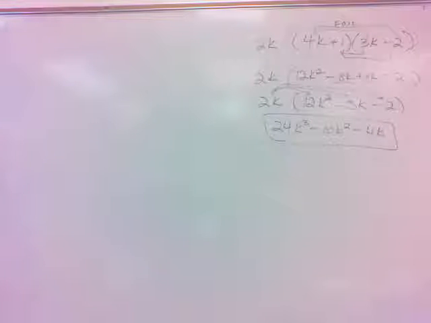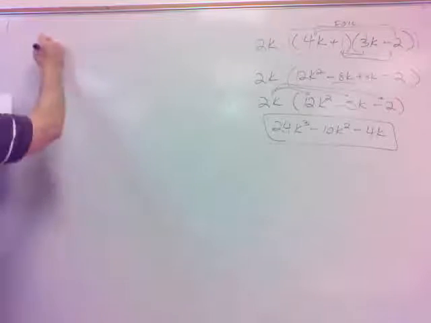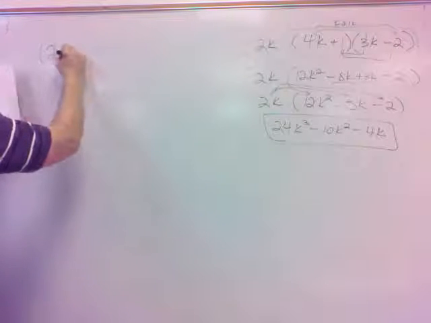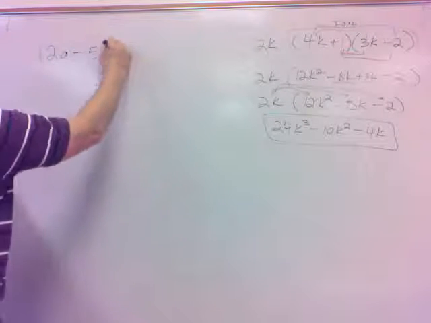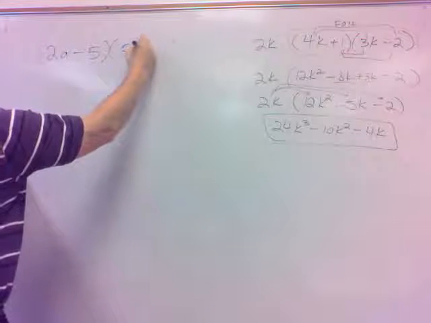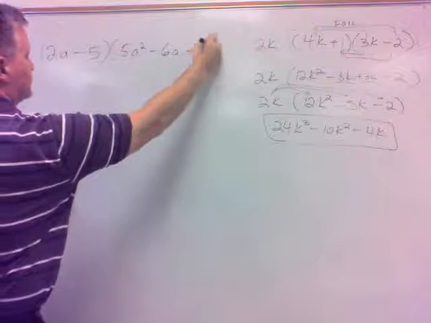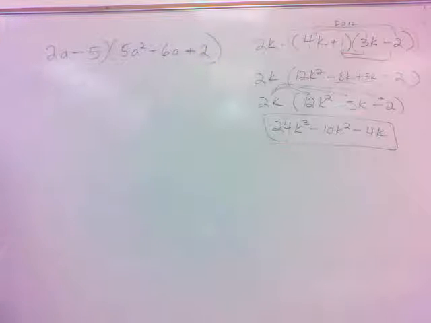Now, the other one I was going to mention is one where it's not exactly FOIL, but it's an extended version of FOIL. Let's say I have 2a minus 5 times 5a squared minus 6a plus 2. Not exactly FOIL, is it?